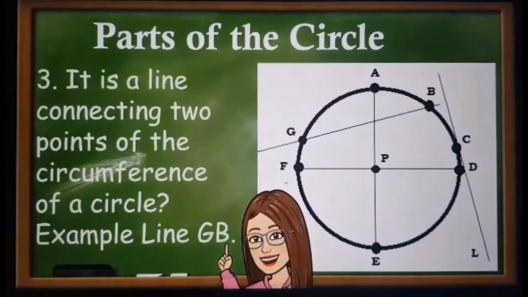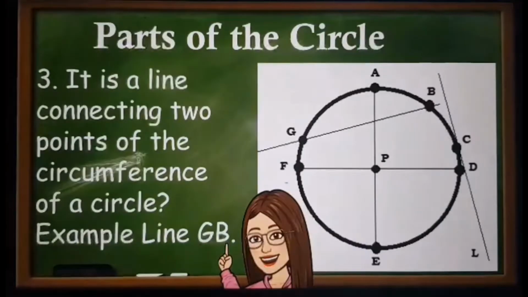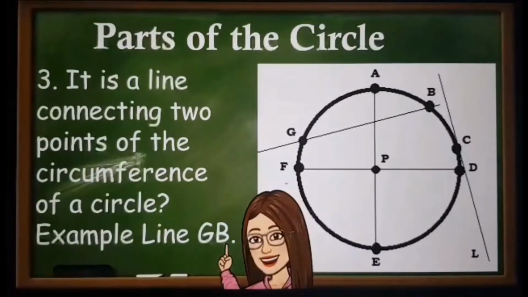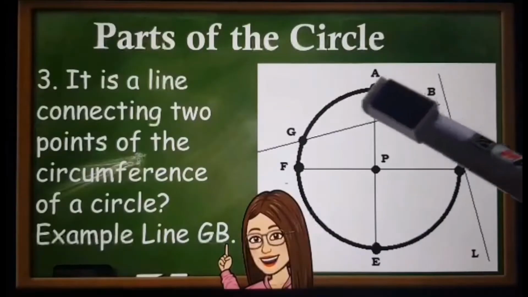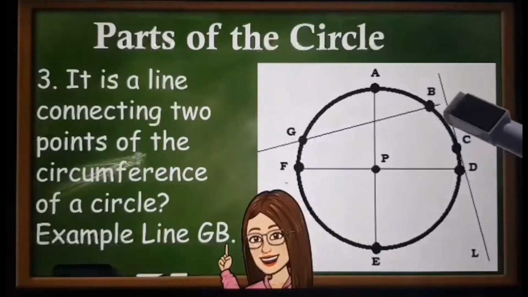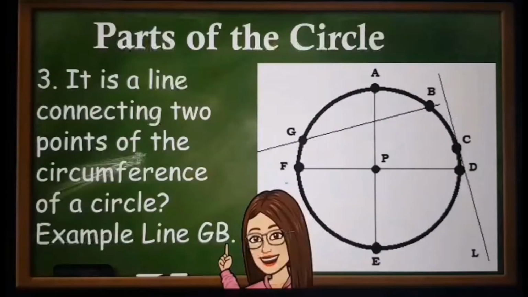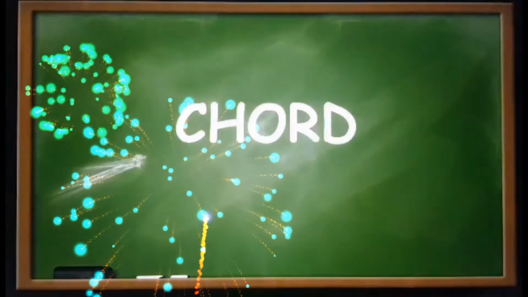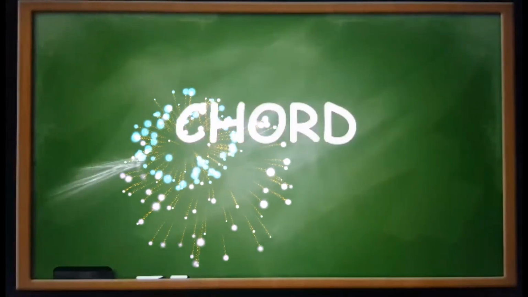Look again at the figure. It is a line connecting 2 points of the circumference of the circle. Example, line GB. If your answer is chord, you are absolutely right.